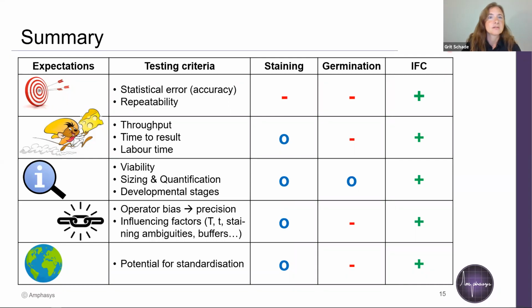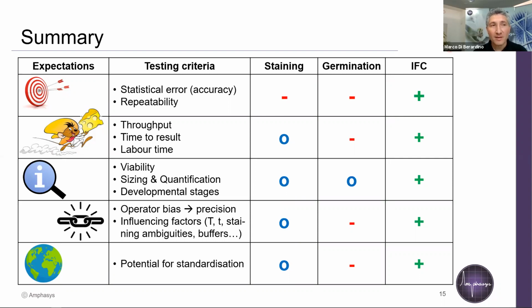There came up some general questions about the measurement. How many cells do I have to measure to be precise enough? This is a question where I would look at the curve I've shown with the statistical errors.